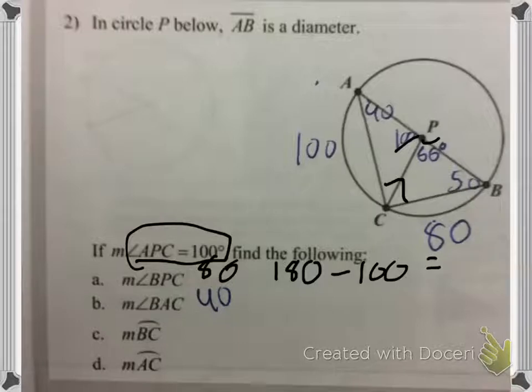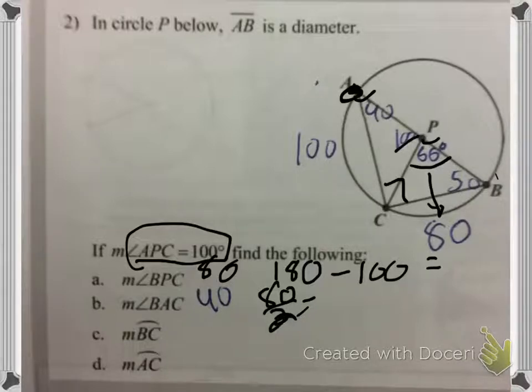Alright, BAC. Since we're going to find BAC right here, we know that if this central angle is 80, then that makes this arc 80. Well, this is an inscribed angle, so it is half of 80. So 80 divided by 2 gives me 40.